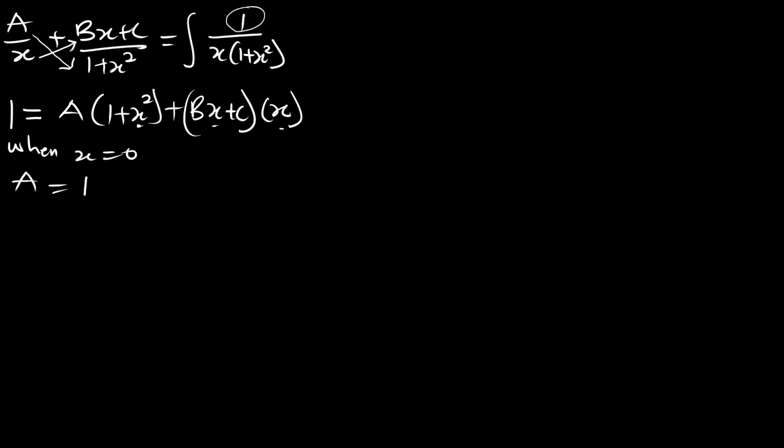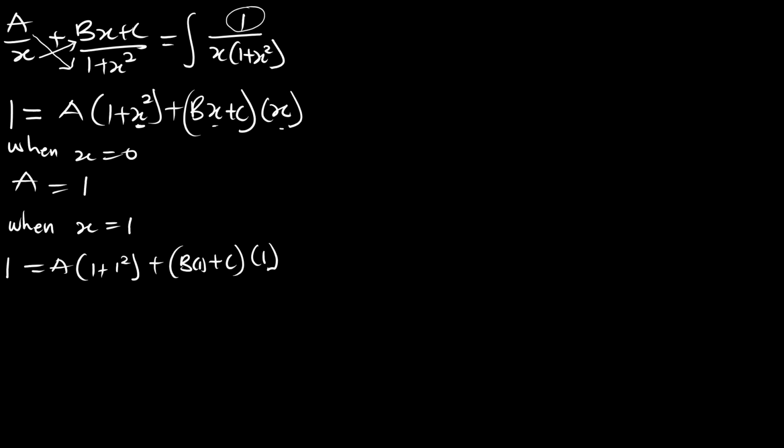The same way, when you put x equal to 1 into the equation, you are going to get 1 is equal to A(1 plus 1 squared) plus B multiplying 1 plus C by 1, this way. Very good. So at the end of the day, we are going to get this equation as B plus C is equal to minus 1. First equation.